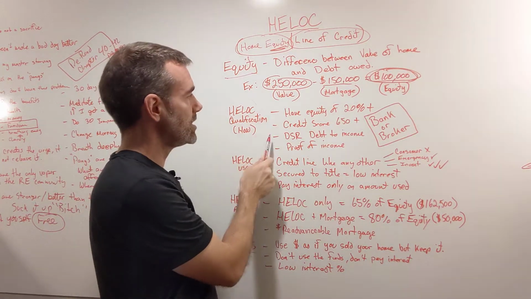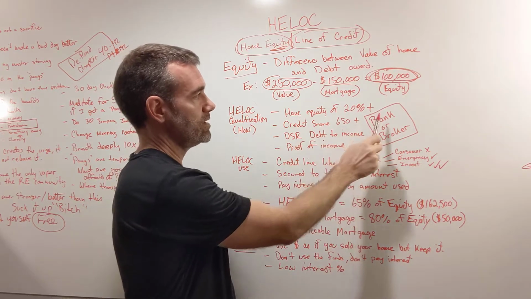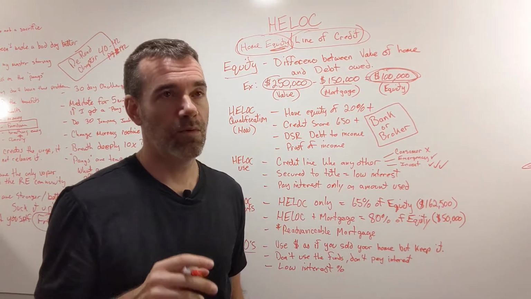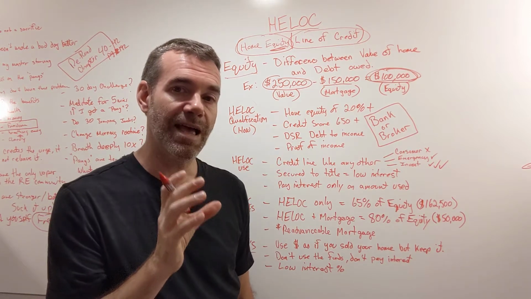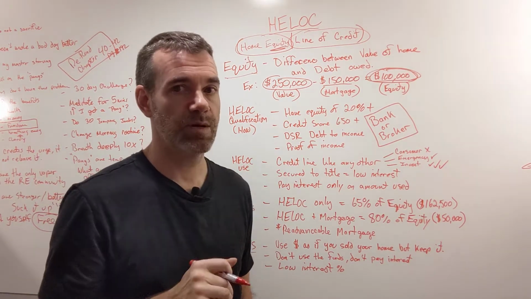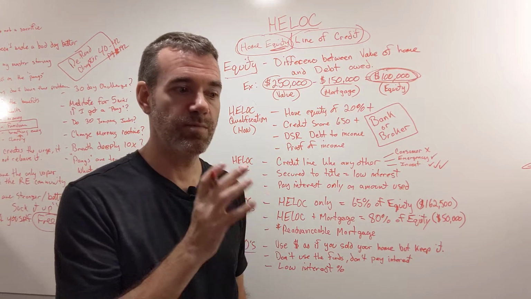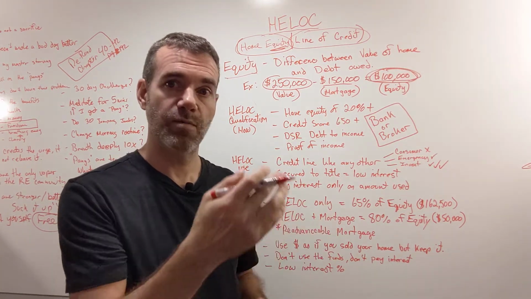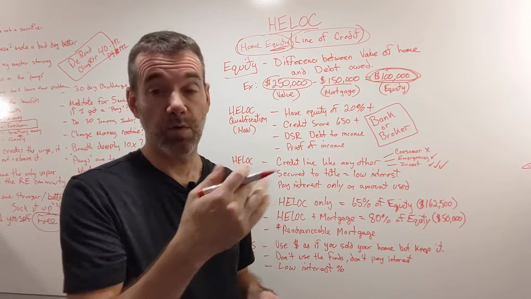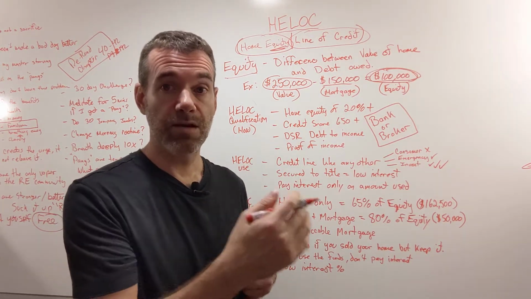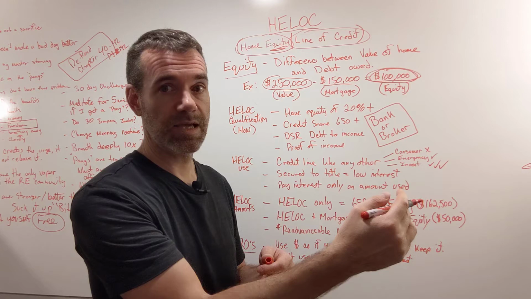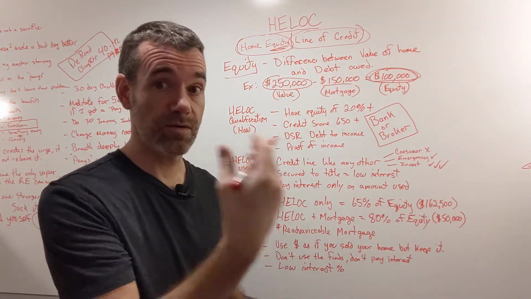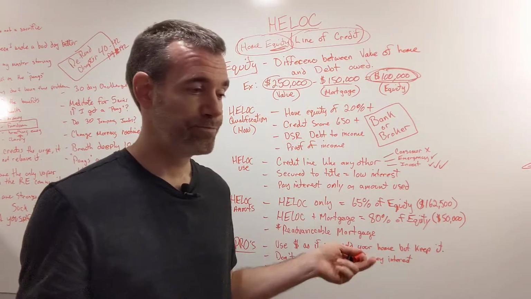So, HELOC qualifications: you have to have at least 20% equity in your home. That means you have to leave 20% in your home. That 20% is the bank's security. It's like a buffer. If the market goes up or down, particularly down, the bank knows that there's still another 20% left in the home, if they need to recoup their costs, or if you're not paying the loan and they need to take it back.